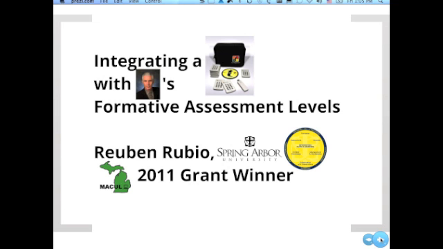I'm also using something else called Splashtop Streamer, and that is to turn your iPad and your computer working together into sort of a low-cost interactive whiteboard. I'm still kind of playing around with it.